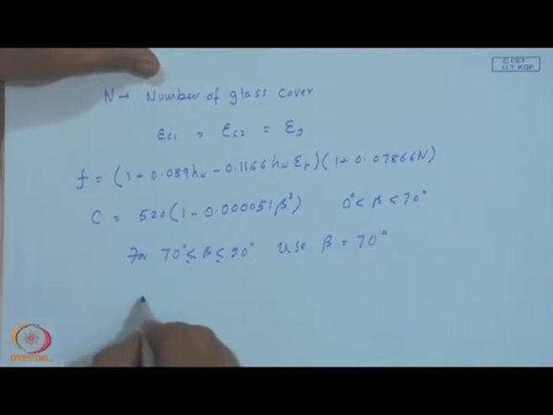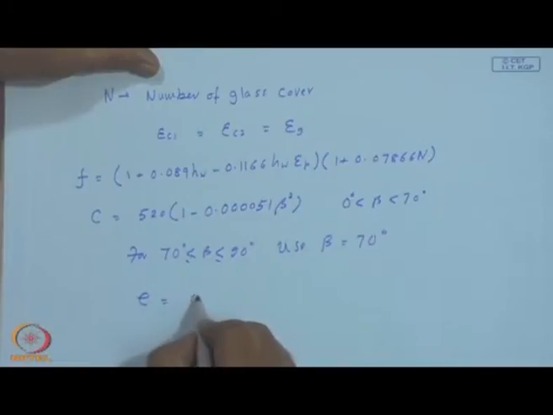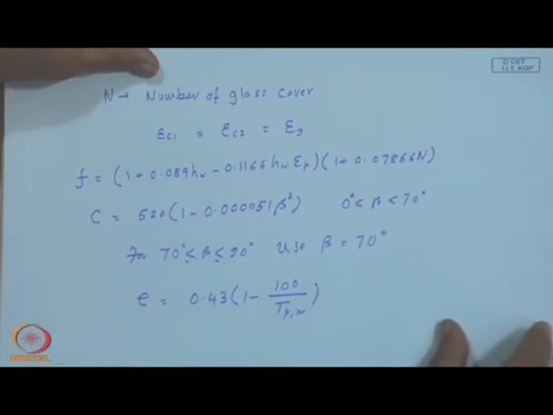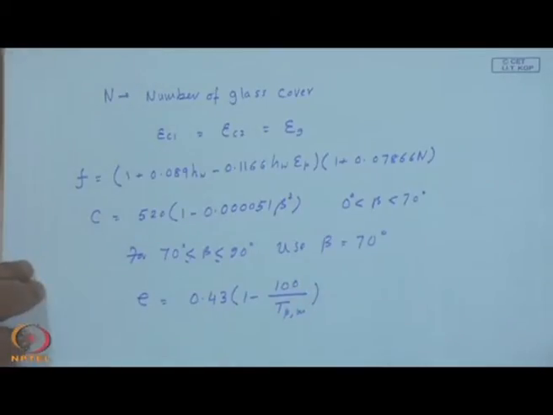Then e is 0.43 into 1 minus 100 by TPM. Beta of course is the tilt in degrees.